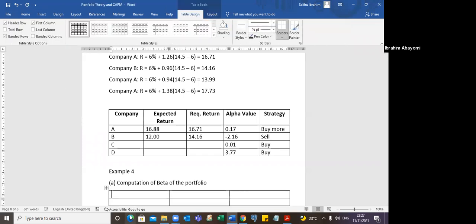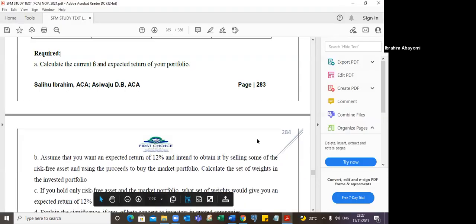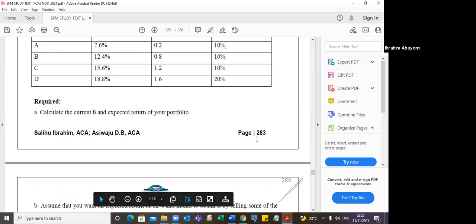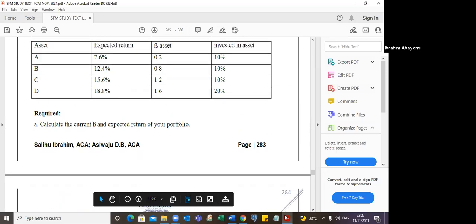Okay. So we have what they call it, asset or what? Asset, yeah.